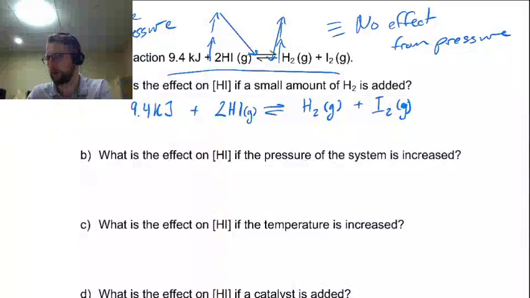All right, so they are saying that if we added a small amount of HI, then we would be expecting that we've put a little bump over here. Yes, that's correct though. Both left and right.